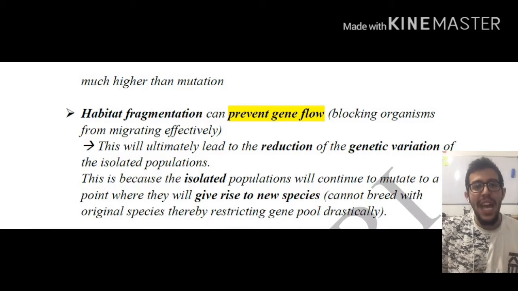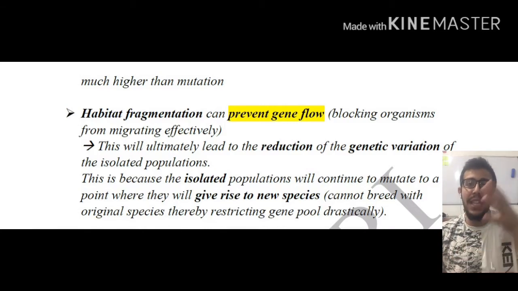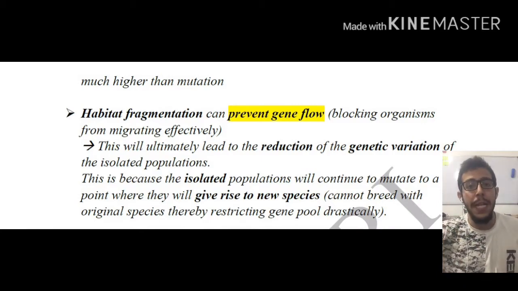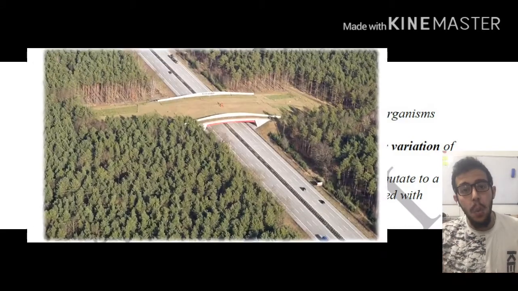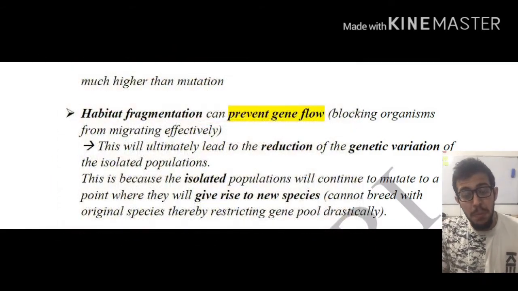Let's imagine a case where we are in a forest and the local city has decided to cut down this forest in order to build a highway. What is happening here is that we have a population of animal X on the left-hand side of the highway and a population of the same animal Y on the other side, and they are both of the same species.